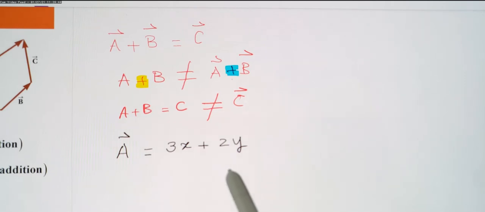What's the standard way to write this? We just write 3i plus 2j. And we will come to what i and j are. But when I write my vector like this, I know that it's 3 units in the x-axis and 2 units in the y-axis. We'll come to that shortly.